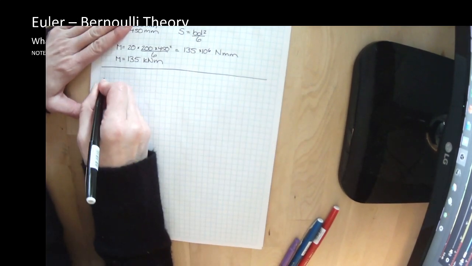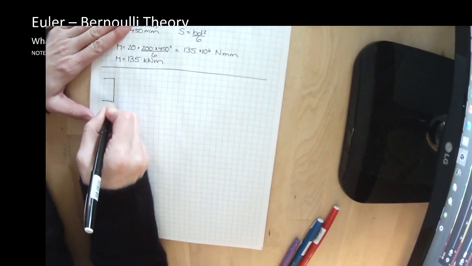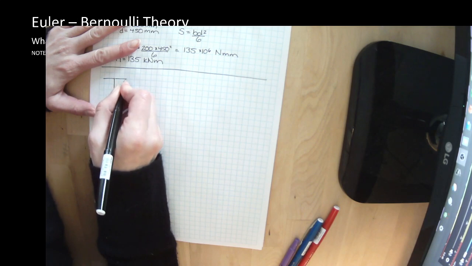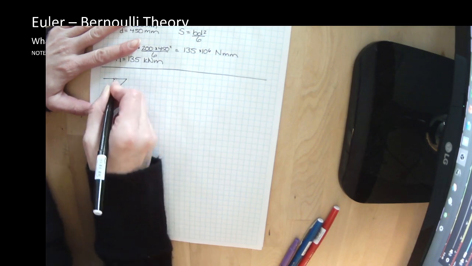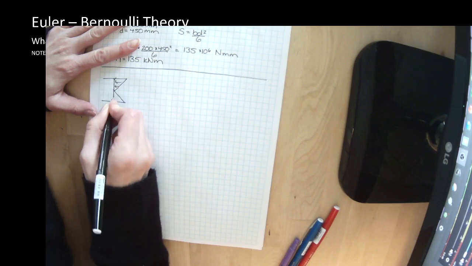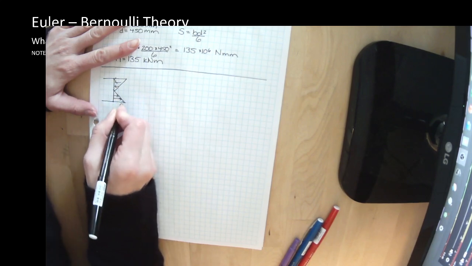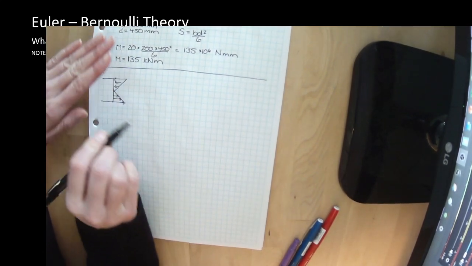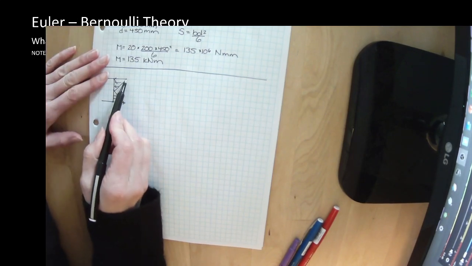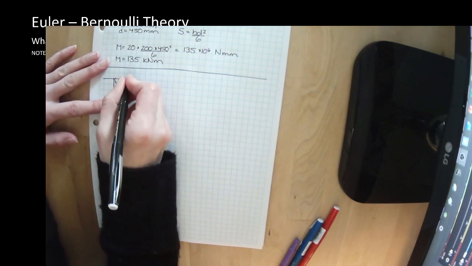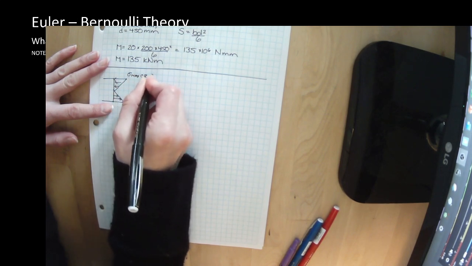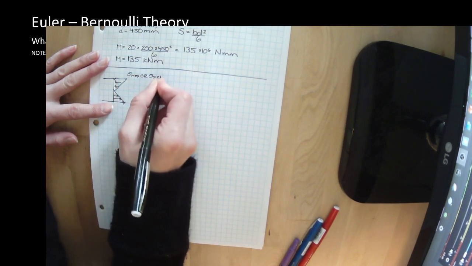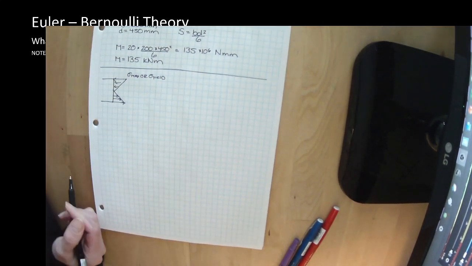We know that if this is our cross section here, this is what the stress profile looks like, and it varies linearly right up until this maximum point here, up to the maximum or yield.